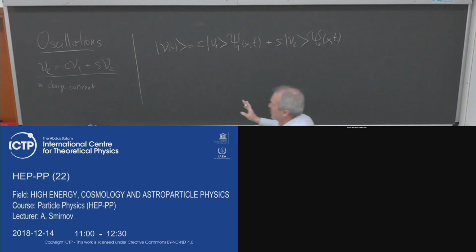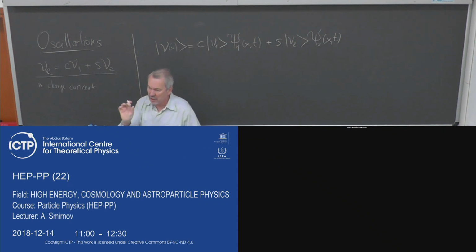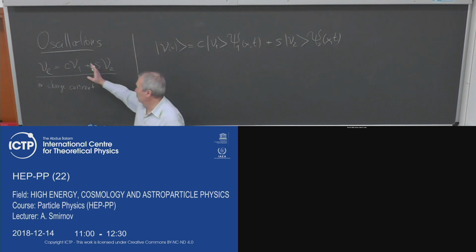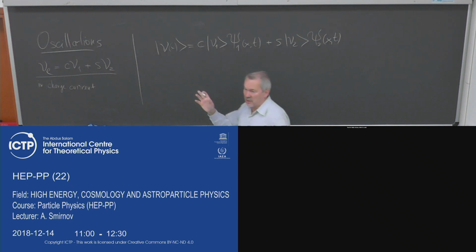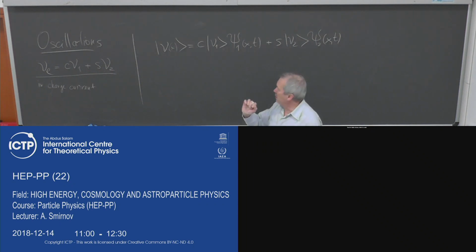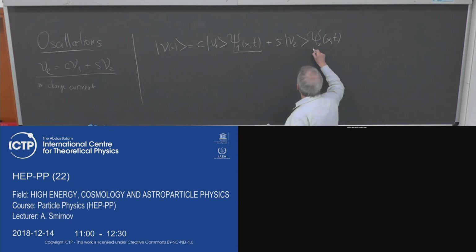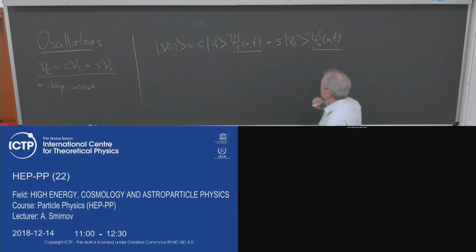So, for instance, imagine that your energy release is smaller than the mass of the second neutrino. Then you simply do not produce your second neutrino, and you will produce just part of this state. So in general, because of the difference of masses, you will have different kinematics for production of nu1 and nu2, and that is described by, in general, different wave functions here, 1 and 2.